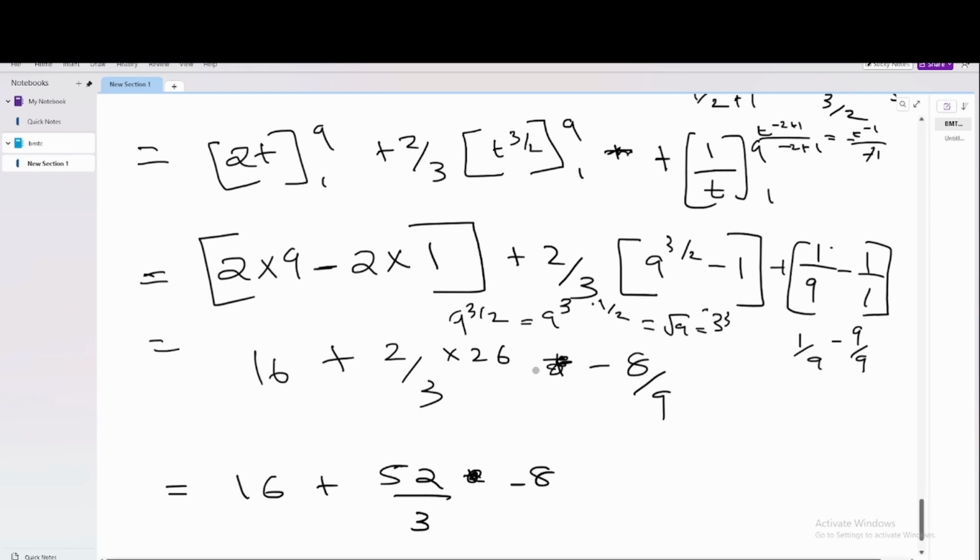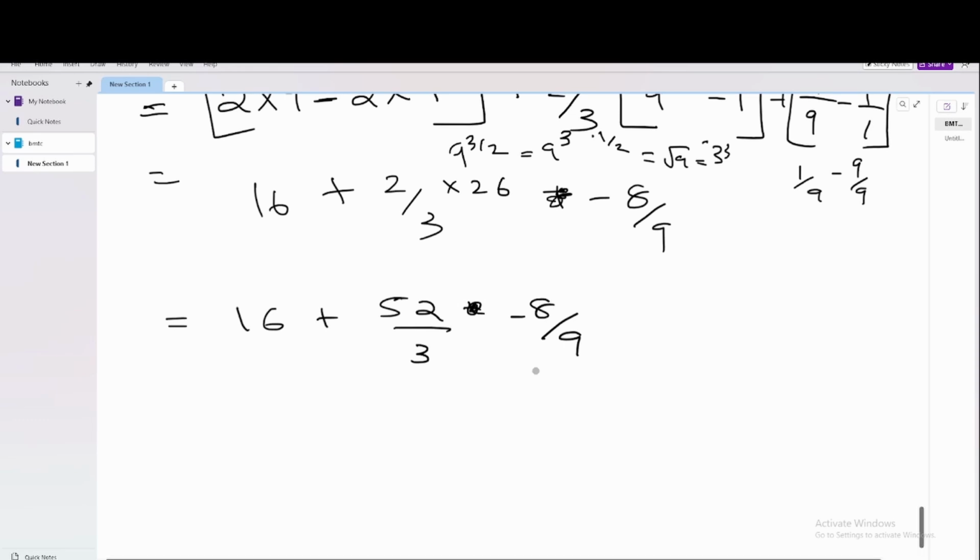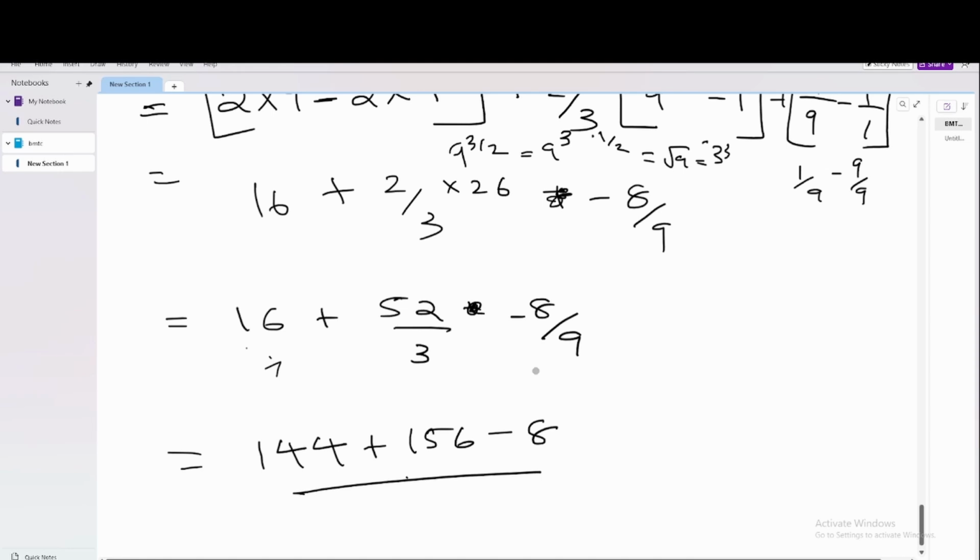minus 8 by 9. Now we want to make the denominators of each term 9. So 16 into 9 is 144. 52, to make denominator 9 we multiply by 3, so 156, minus 8 by 9.